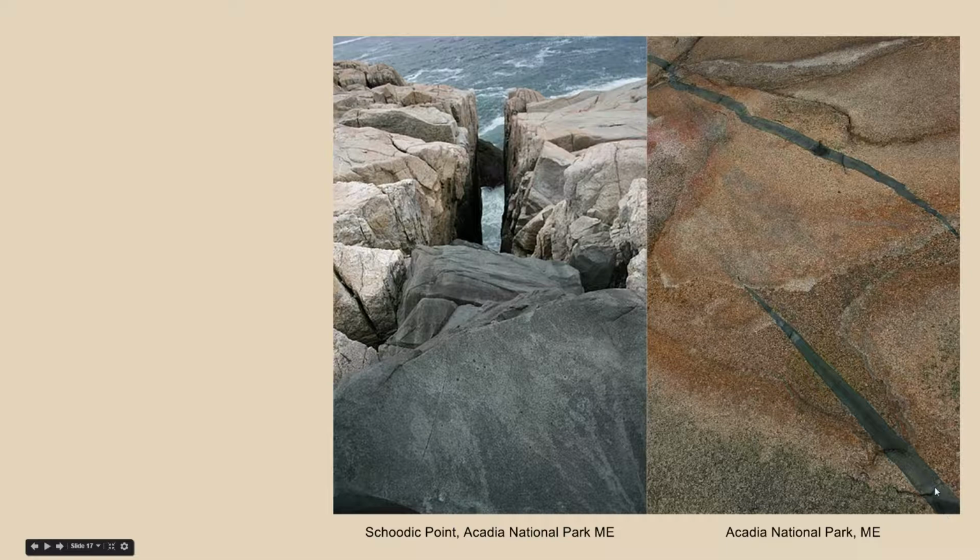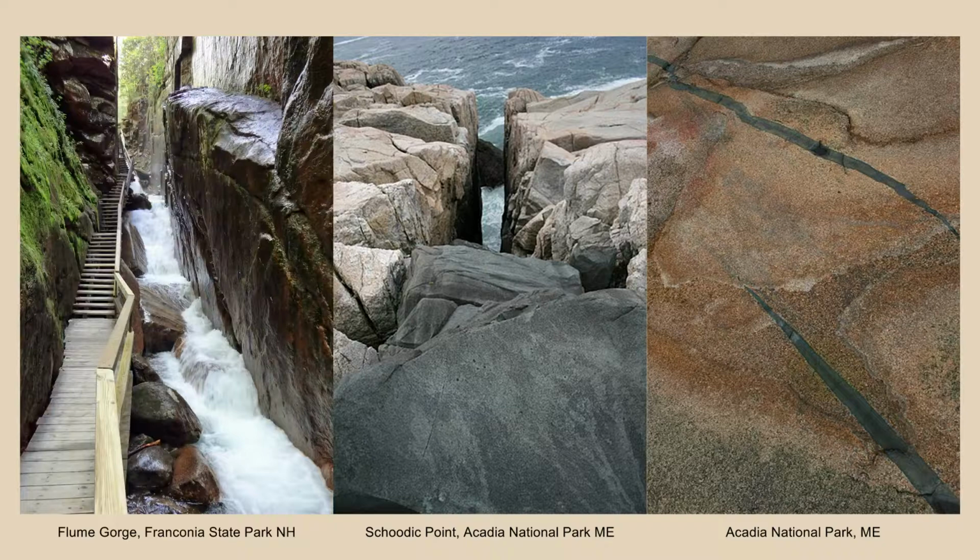So this dacite is basically cutting through the granite, which makes it younger. And an example a little closer to home where you can't actually see the intrusive rocks cutting through, the flume formed in a very similar way. So this intrusive volcanic rock cut through and split apart the granite, and then the stream over time eroded that rock down.